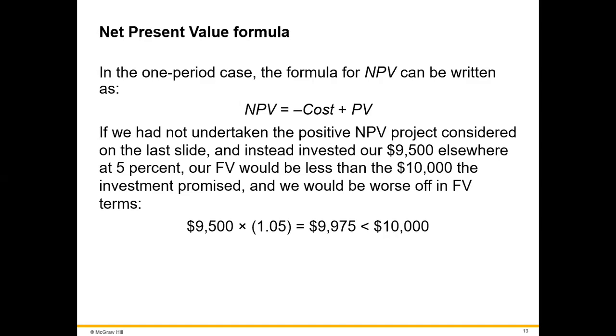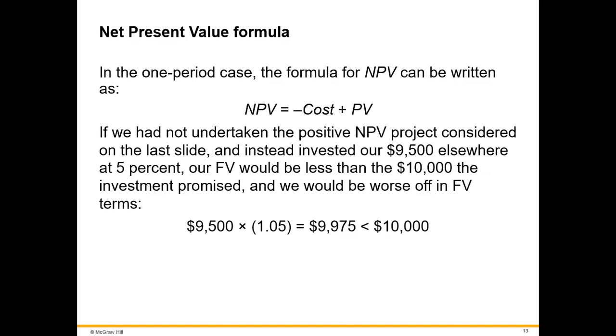So again, net present value equals the cost of something today plus the present value of the future cash flows from it. So if we had not undertaken a positive net present value project considered on the last slide and instead invested our $9,500 elsewhere at 5%, our future value would be less than $10,000.